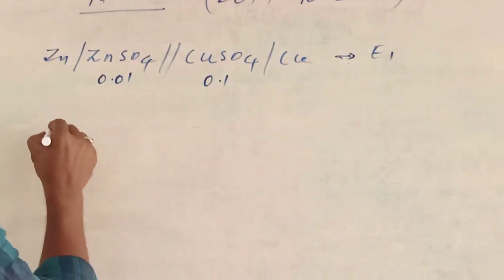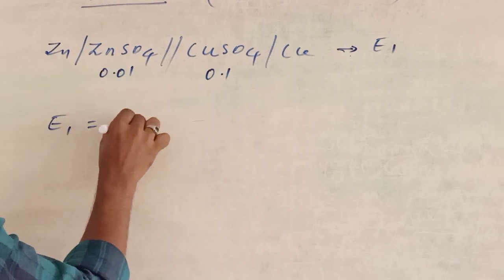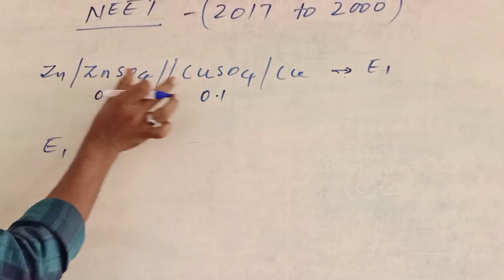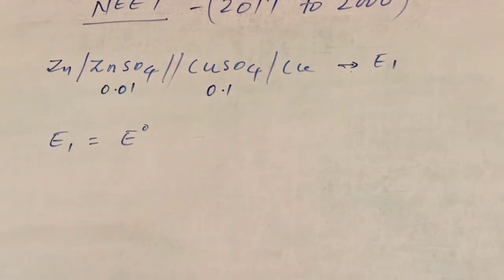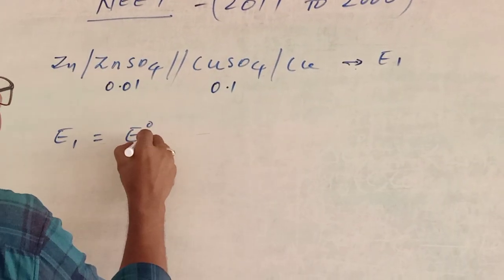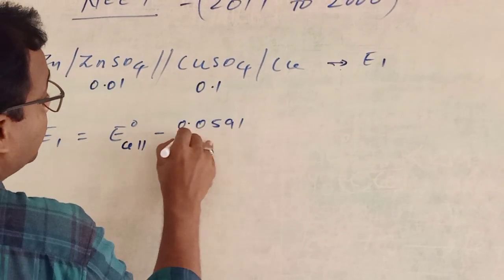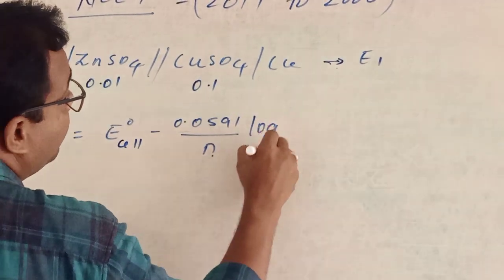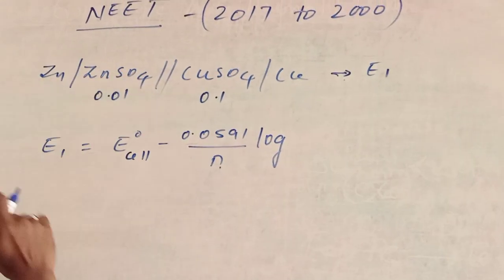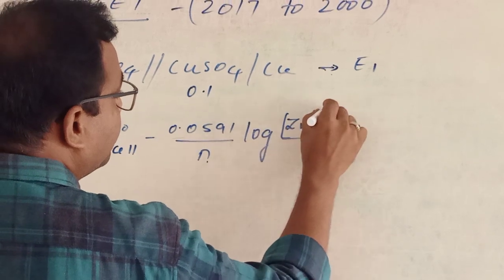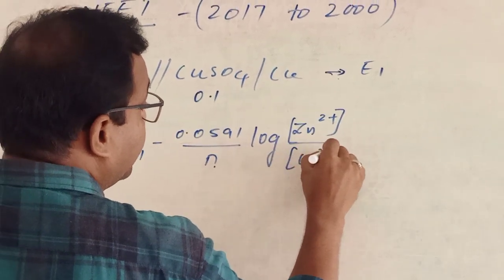Now first we calculate E1. So E1 is equal to E naught of the cell. E naught of the cell is constant because the same electrons are taken. So E1 is equal to E naught of the cell minus 0.0591 by n log of the molar concentration of zinc 2 plus by the molar concentration of copper 2 plus.